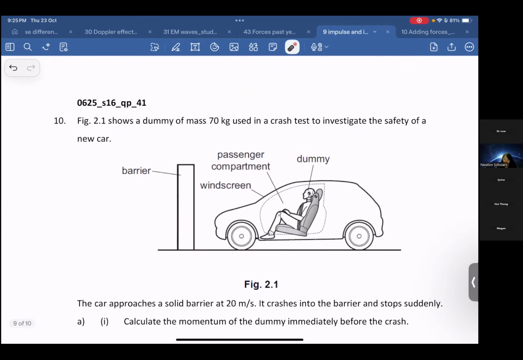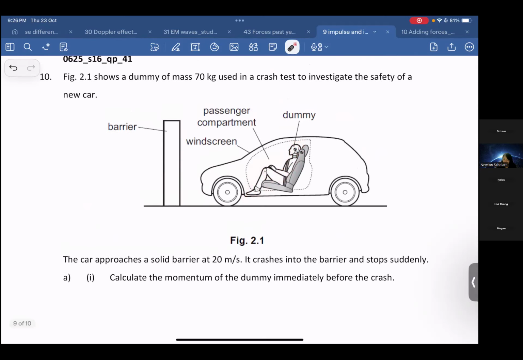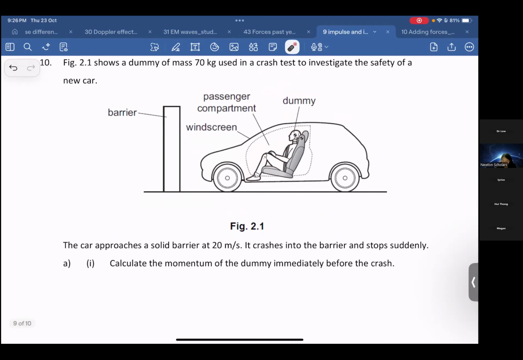Here, a dummy of a mass to represent you. We use it to do a crash test, to make sure of the safety of a new car. The car approaches a solid barrier at this initial velocity. It crashed and stopped suddenly, so this is your final. Stop is 0.